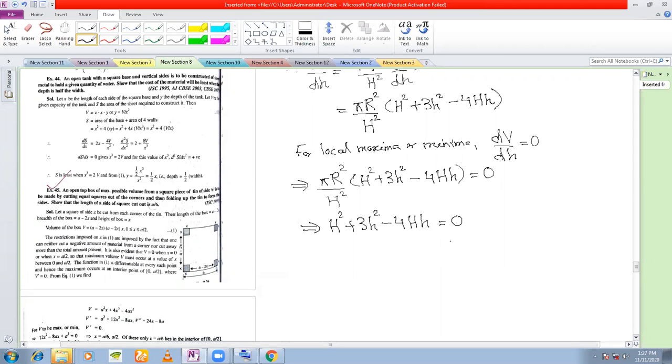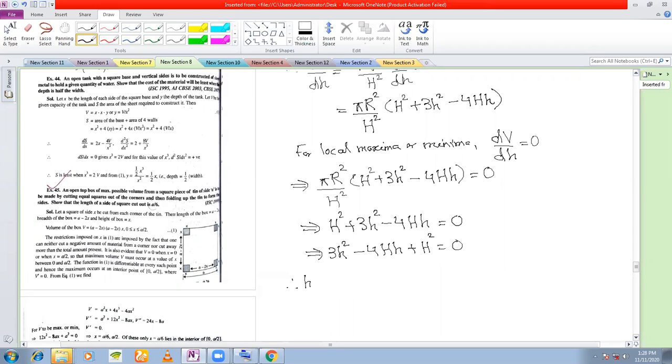So that means 3h square minus 4hH plus H square is equal to 0. How do you get a relation between h and H? You can solve this equation by Sridhar Acharya.